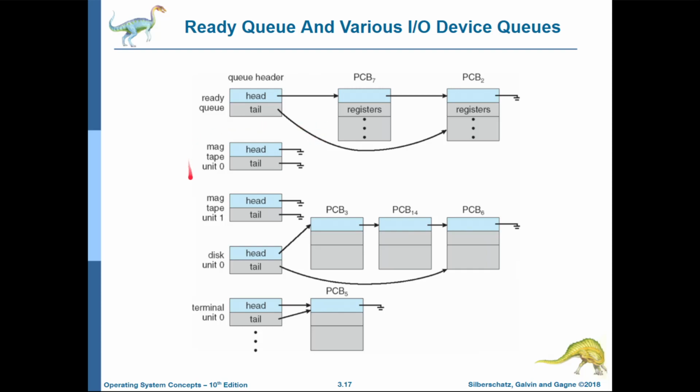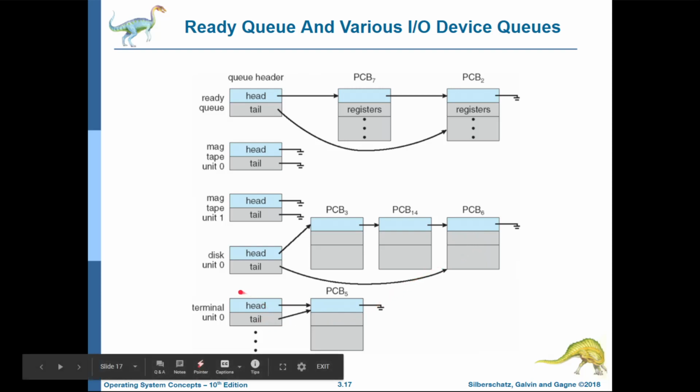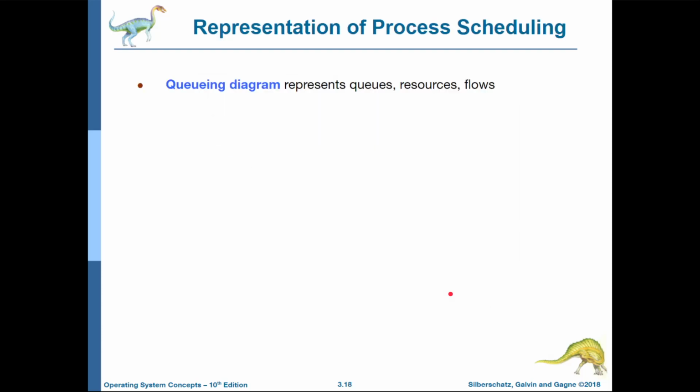Here's a queue that doesn't have any processes. Both magnetic tape units don't have any processes waiting. But here we have a disk unit that has 3 processes waiting, and then a terminal device that has 1 process waiting in it.